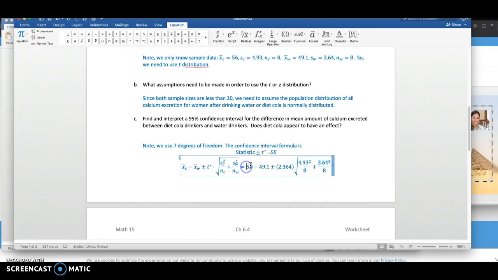All right, so maybe I'll throw this in parentheses. It's kind of easier to see. And we can throw this in a calculator.